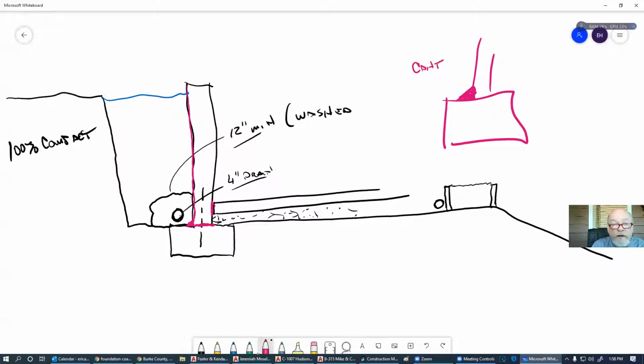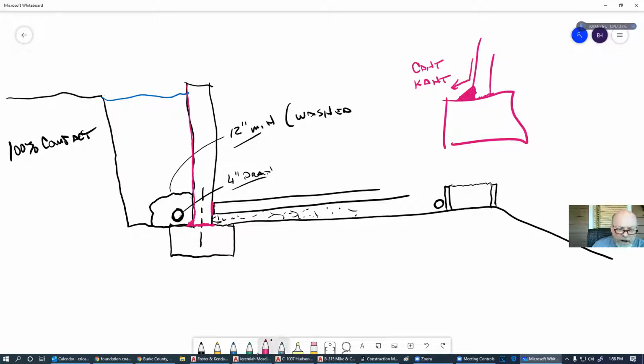I've seen this spelt both ways. I don't know what the proper way is. It just depends on what part of the United States or the world you're from. This is called a cant strip. All it does is try to deflect water away from this weak point.